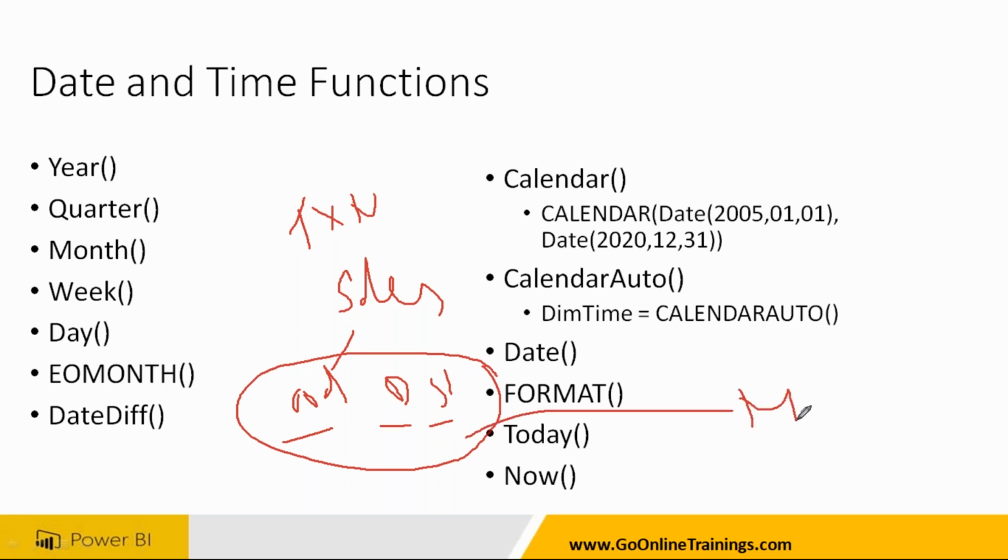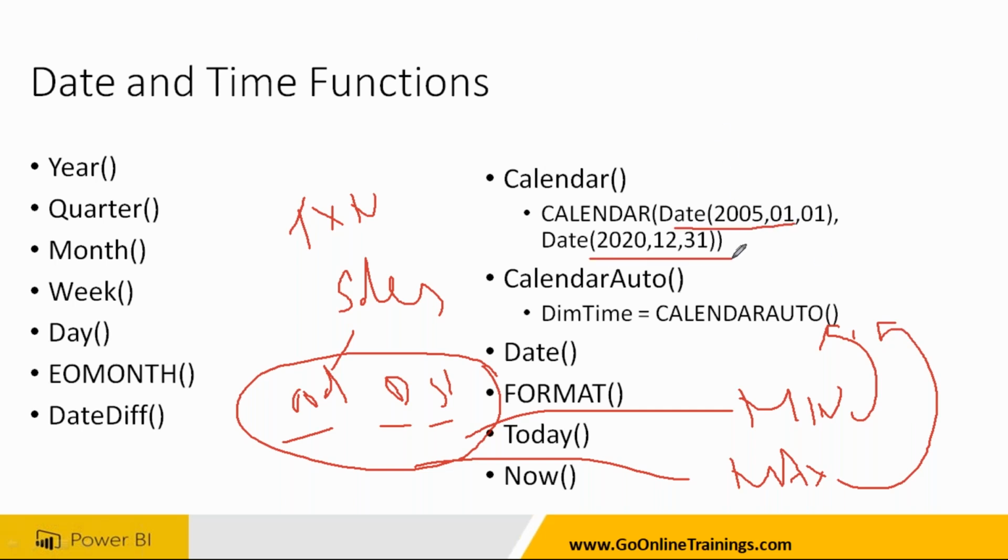It is going to find out what is the minimum date, and it will go and find out what is the maximum date. Clear? The minimum date it is going to pass here, and the maximum date also it is going to pass here. It is going to create a table with those values. If we have 10 columns, due date, ship date, month date, sales date, order date, it is going to scan through all the transactional tables, and the minimum date it is going to supply here, the maximum date like this.